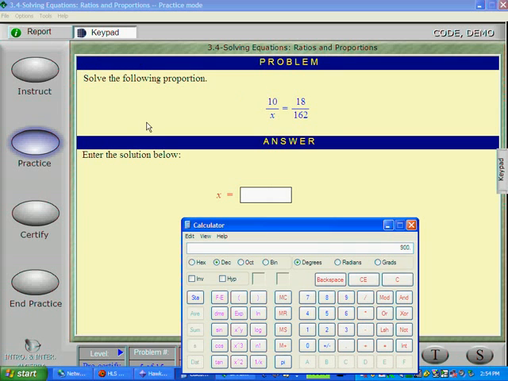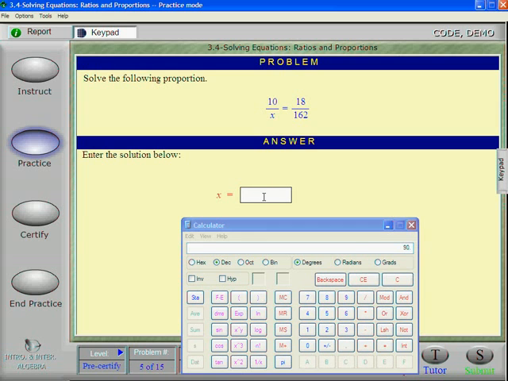So we'll pop our calculator back up. 10 times 162. And then we're going to end up dividing both sides by 18. It'd help if you could see the equation that I'm working out, but try cross multiplying and writing it out. Divide both sides by 18 will be the last step. If you've done it correctly, your answer is 90.